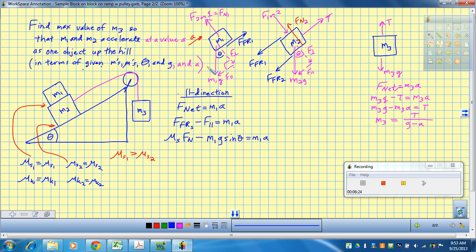And so you can prove that in the perpendicular direction. We're going to be so good at this that I'm okay with you just eyeballing it and saying, look, those two are equal in size. So then this will say that mu static times m1g cosine of theta minus m1g sine of theta is equal to m1 times A.